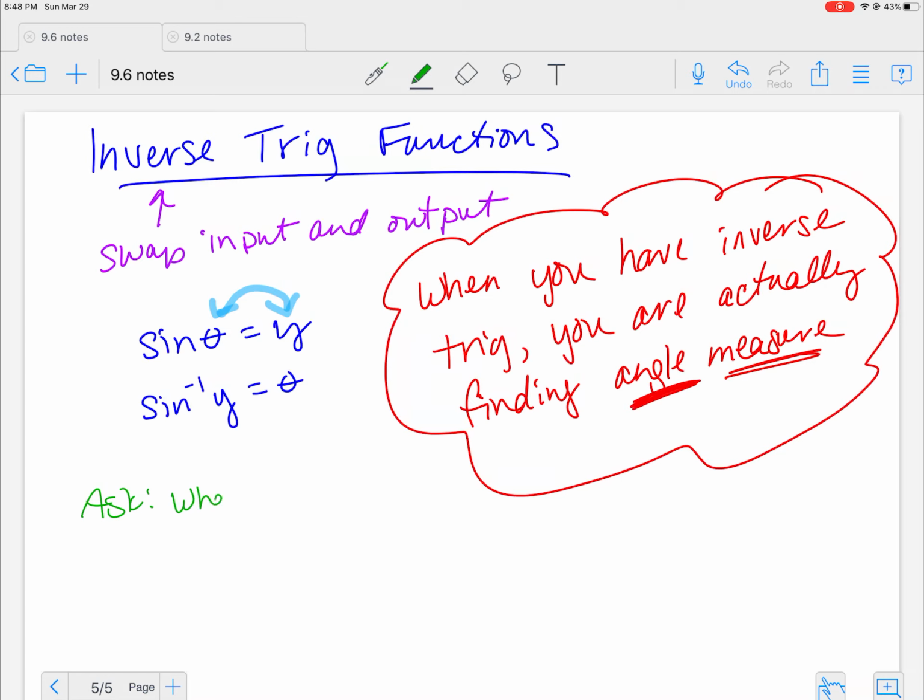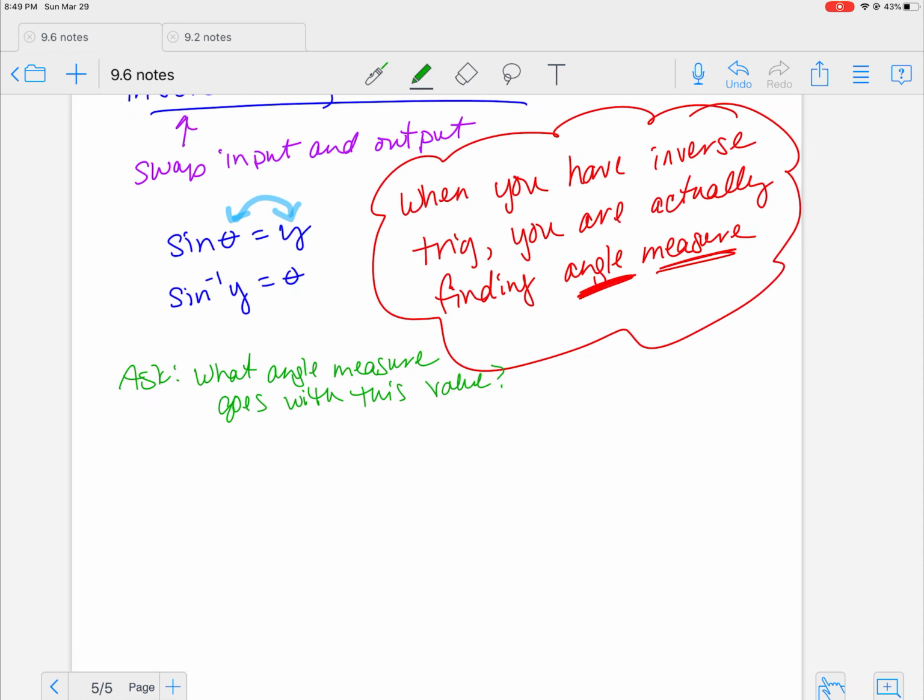Instead of having the sine of theta, now I'm looking at what angle measurement goes with this value. That's the question you ask yourself: what angle measure goes with this value? That's what you're asking yourself anytime you have your inverse trig.